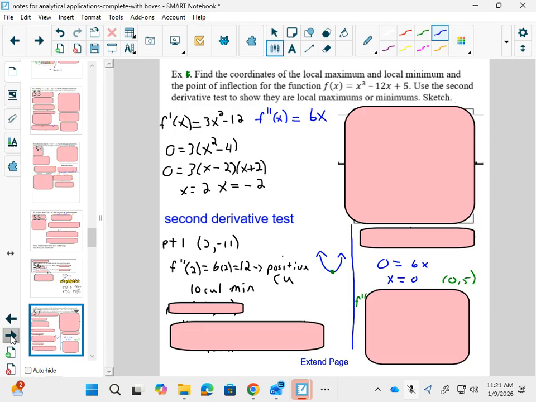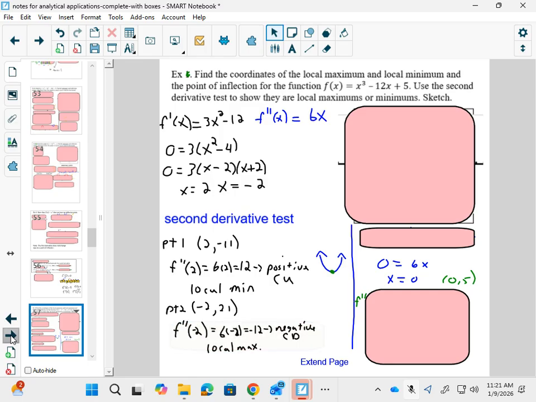And if I plug negative 2 into my original equation, I get 21. And if I plug negative 2 into my second derivative, I get concave down, which is enough to say that it's a maximum.